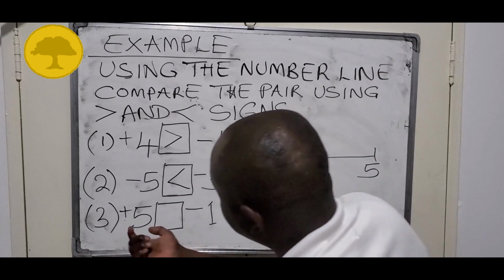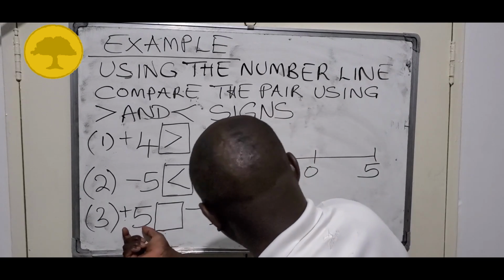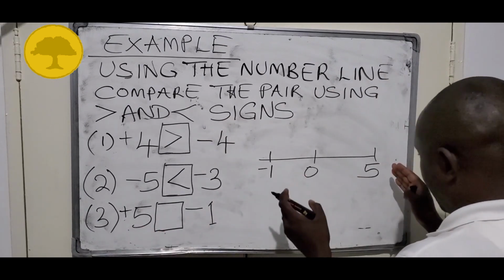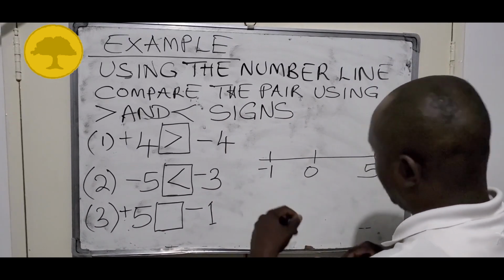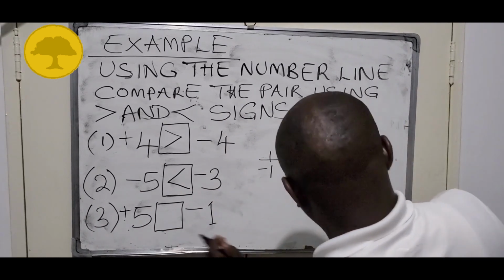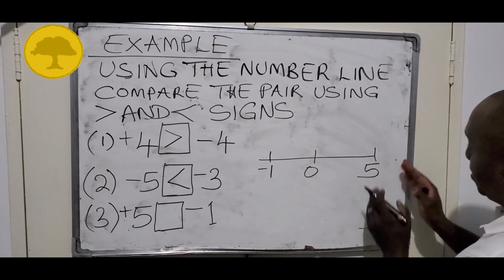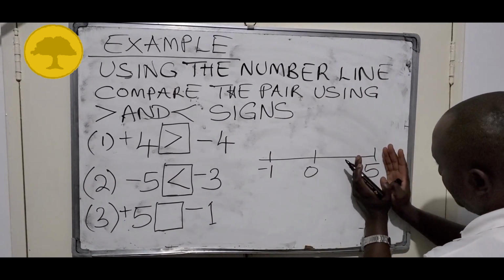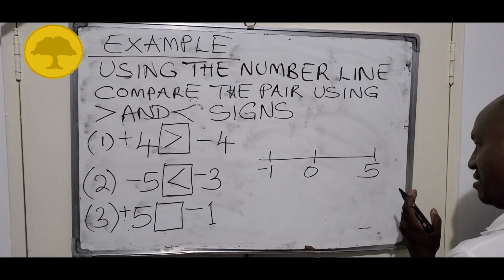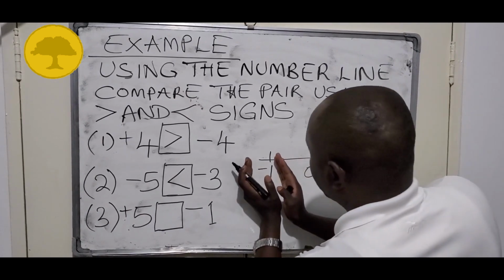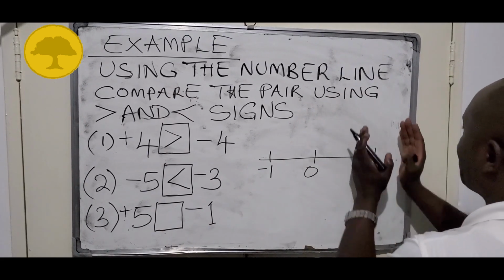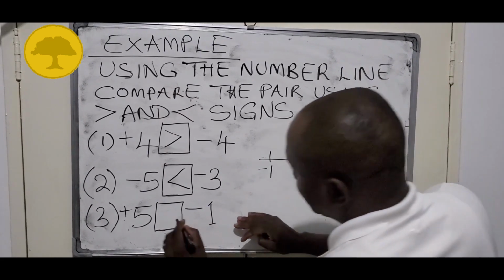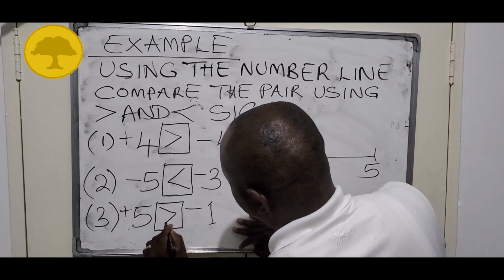So here we are starting with +5. Is +5 on the right hand side of -1 or on the left hand side? Looking at our number line, the +5 is on the right hand side and the -1 is on the left hand side.